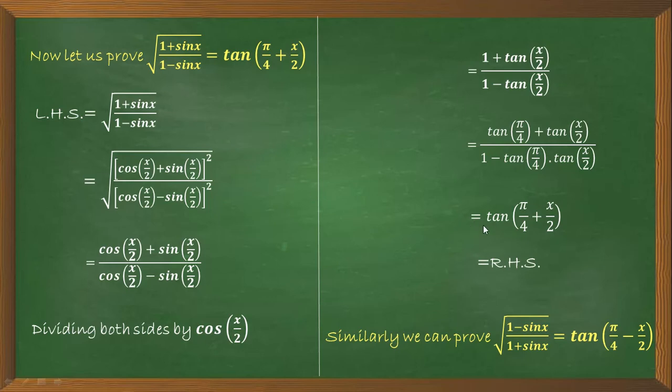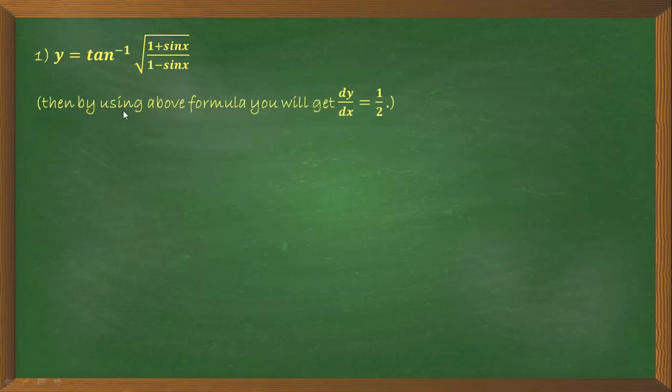Now by using this, suppose there is a question like this: if y is equal to tan inverse of root of 1 plus sin x upon 1 minus sin x, and you want to differentiate this with respect to x, then what will be the simplification? By using that above formula, you will get dy by dx is equal to 1 by 2 in this case.